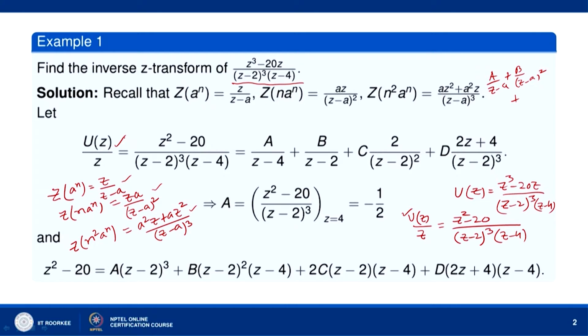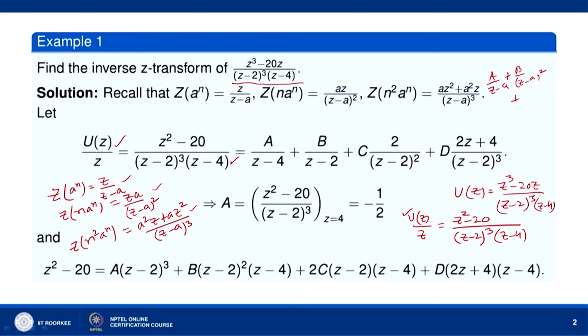Corresponding to Z minus 4 we will write the partial fraction a over Z minus 4, then for (Z minus 2) raised to the power 3 one will be the fraction b over Z minus 2, and the other will be c over (Z minus 2) whole square. When we take the inverse Z transform, this Z we will multiply on the right side, and we will get Z over Z minus 4 into a, Z over Z minus 2 into b, and c times Z over (Z minus 2) whole square.